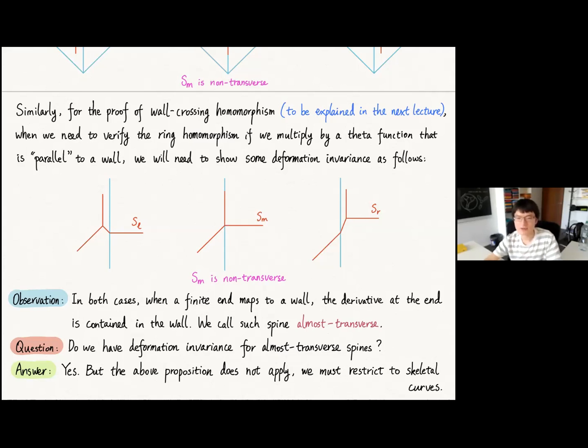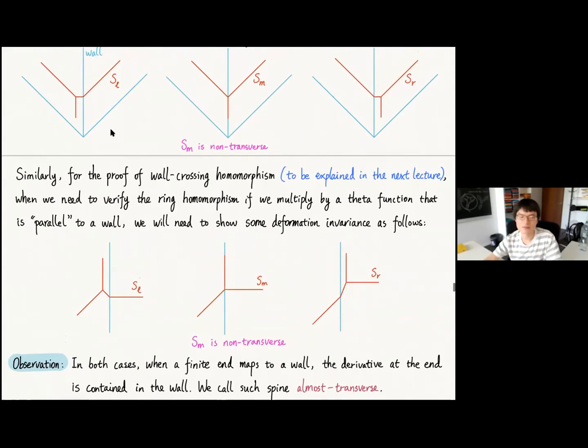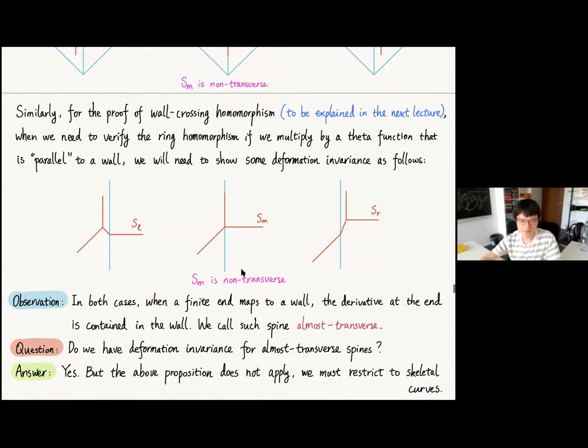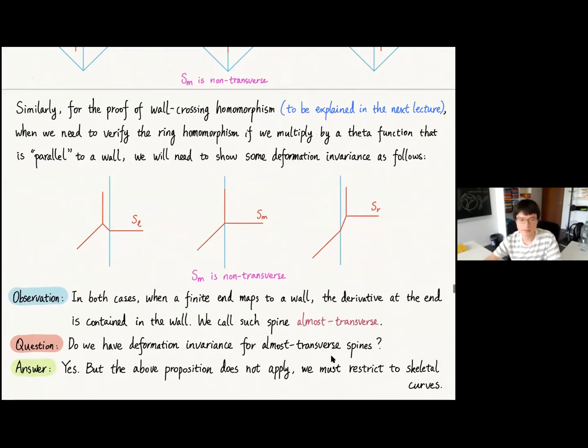And that's really important, these almost transverse spines, because that's for the proof of associativity and also for the wall-crossing homomorphism. Without associativity, we have nothing. So let's explain how to get deformation invariance for almost transverse spines.